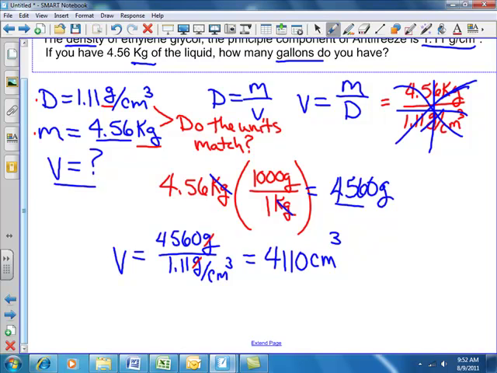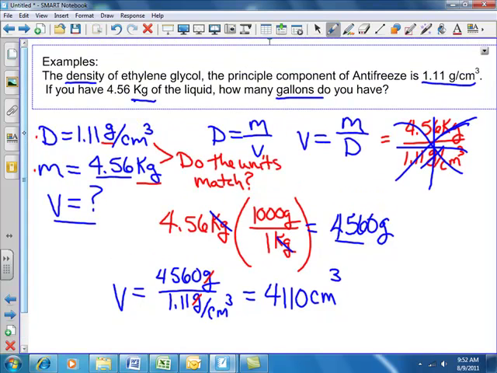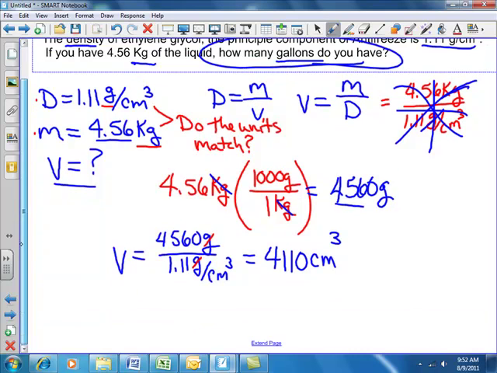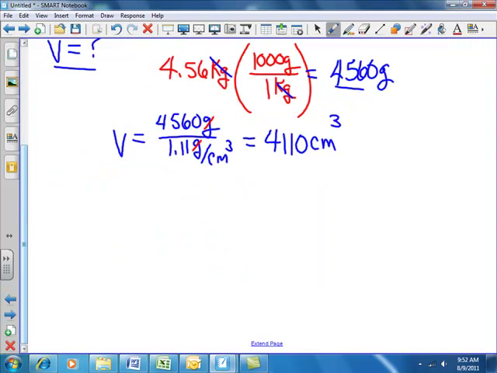Great, I got my volume, except I didn't answer my question. My question said, how many gallons do you have? So now I have to do yet another conversion: I need to convert this 4,110 centimeters cubed to gallons.